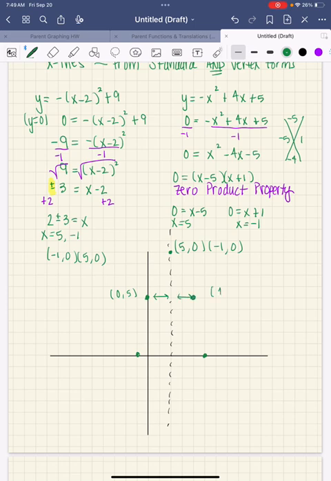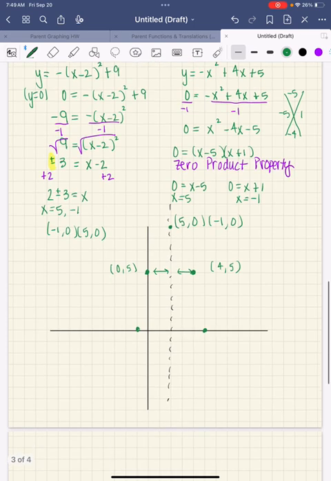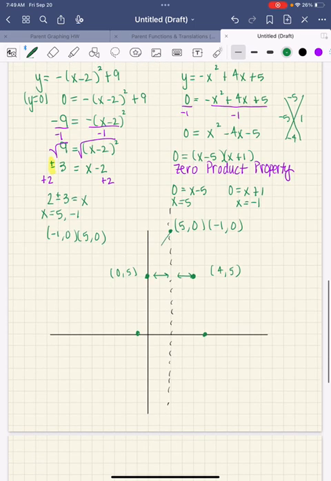So a reflected point would be (4, 5). And then I'm going to try and draw a parabola. Let's see how it goes. Oh, not too bad. Not too shabby, if I do say so myself. And there you have it.